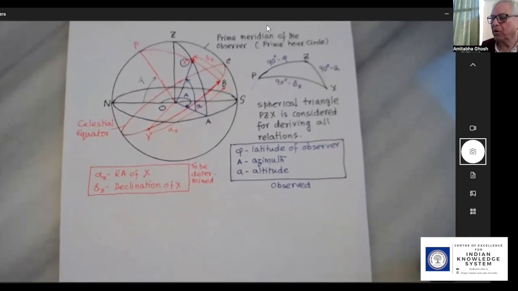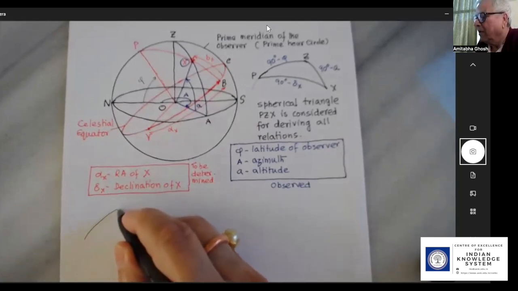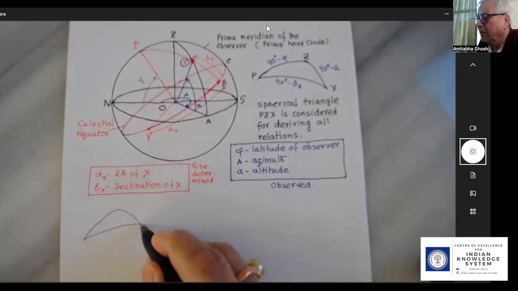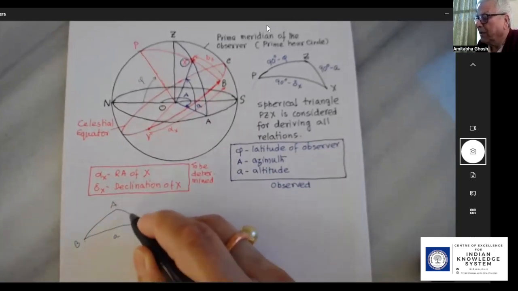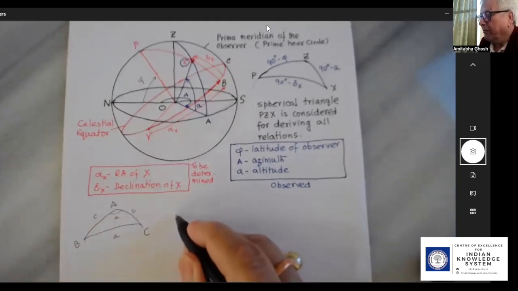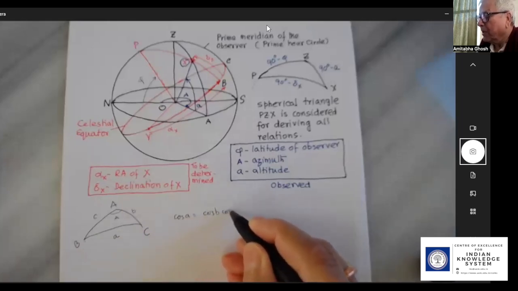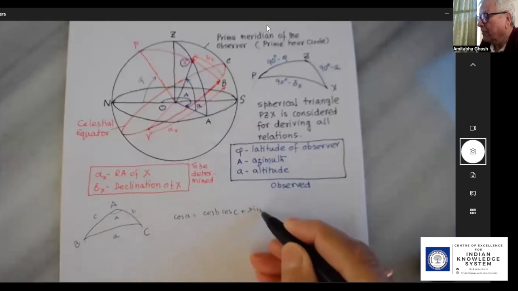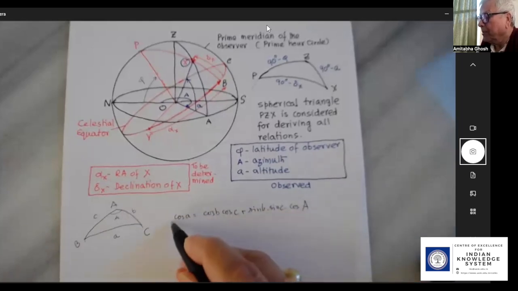Let us do it. So you have that formula. If you remember, say you call the sides a, b, c, and this angle is capital A, then we have derived that cosine a is equal to cosine b into cosine c plus sine b into sine c into cosine A. This is the fundamental formula.